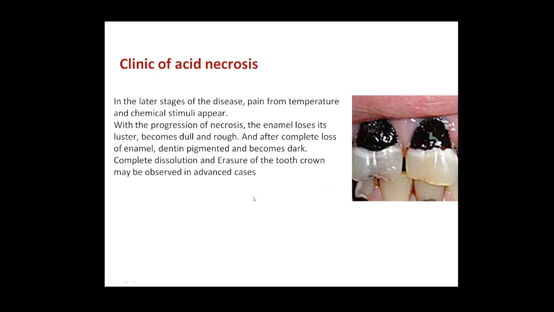With the progression of necrosis, the enamel loses its luster, becomes dull and rough, and after complete loss of enamel, dentin is pigmented and becomes dark. Complete dissolution and erasure of the tooth crown may be observed in advanced cases.